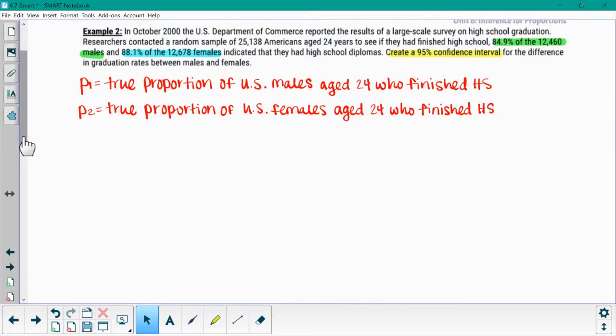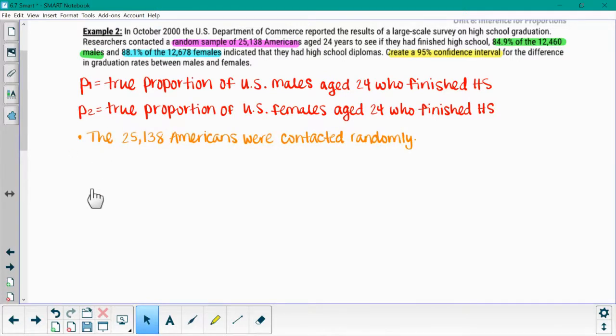My first condition is randomness, and they told me initially that my random sample of 25,138 Americans. So even though they just took one sample entirely, they took that entire sample using a randomization method. So we're going to say that this satisfies that condition. And you can kind of repeat what they say.